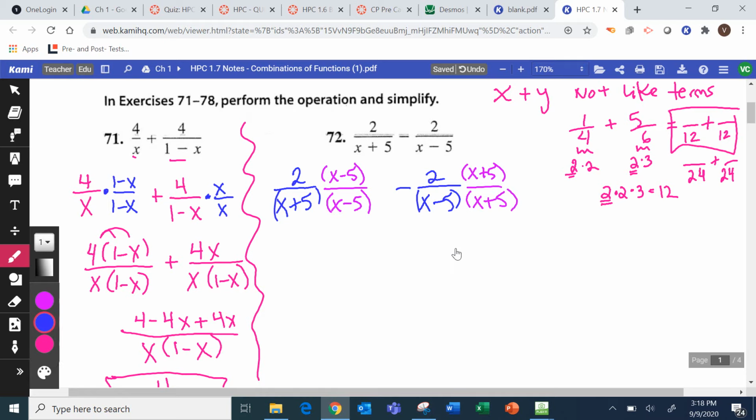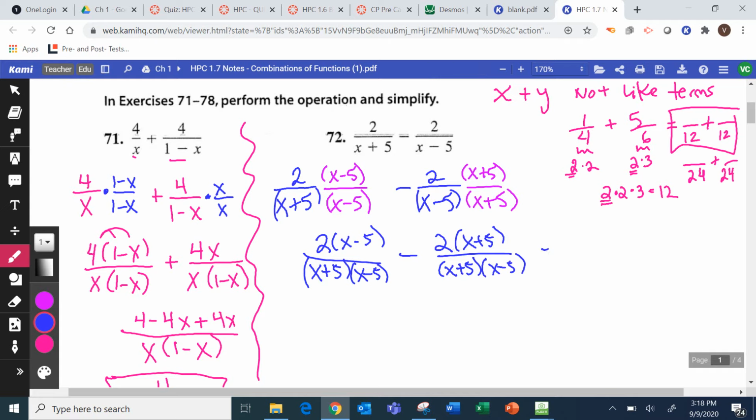Okay, so I'm going to simplify that, and I'm going to get 2x minus 5 over x plus 5, x minus 5, minus 2x plus 5 over x plus 5, x minus 5. So now we have a common denominator.